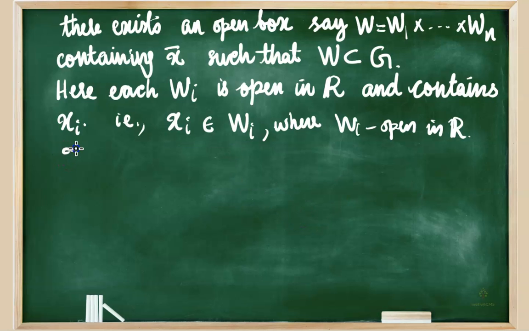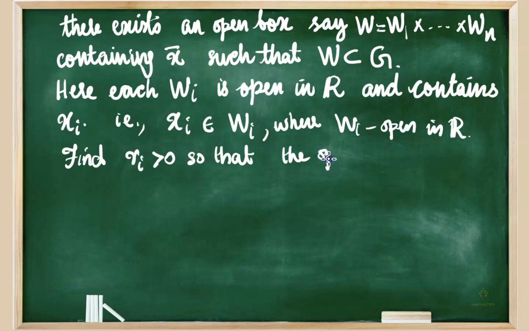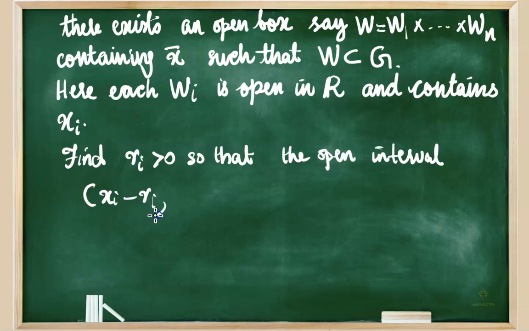That is, we can find a real number Ri greater than 0, so that the open interval xi minus Ri, xi plus Ri is contained in Wi. Thus, for each i varying from 1 to n, we will get a real number Ri. So, we will have n real numbers R1, R2 and so on Rn.